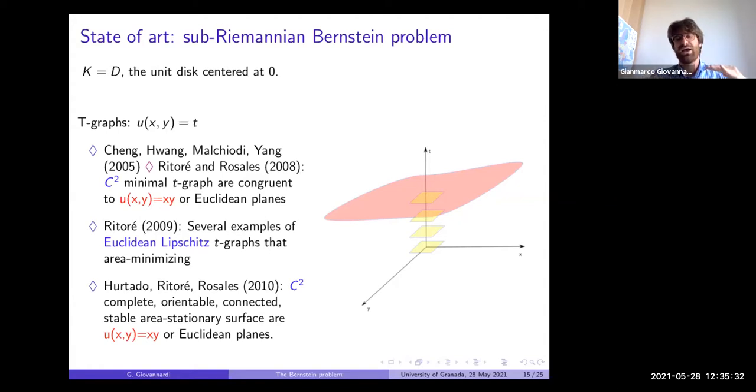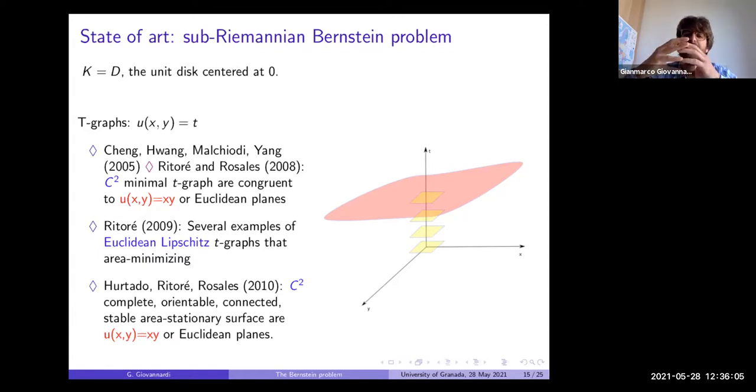So the Bernstein problem is quite different, because the solutions are not only Euclidean planes, but there are also the hyperboloids. And you can ask, can I consider low regularity? No, because Ritoré in 2009 showed that there are several examples of Euclidean Lipschitz t-graphs that are area minimizing.